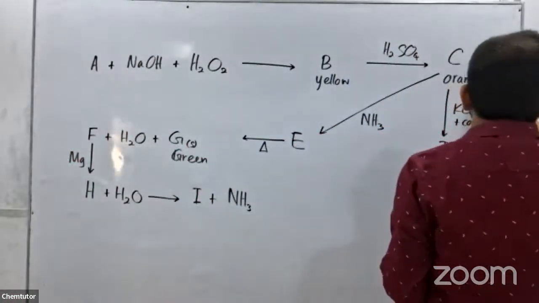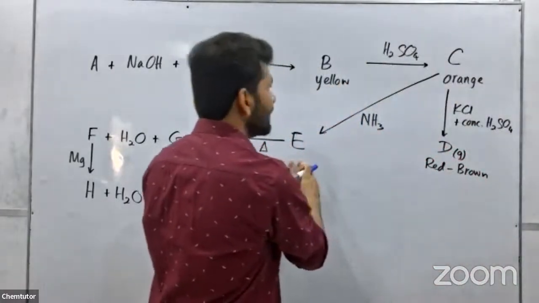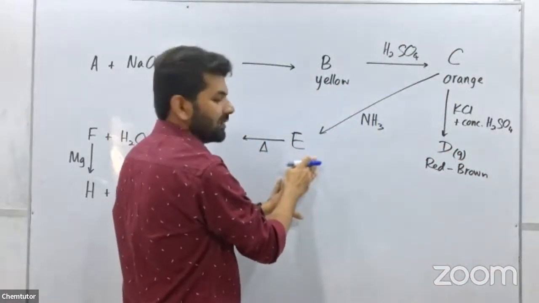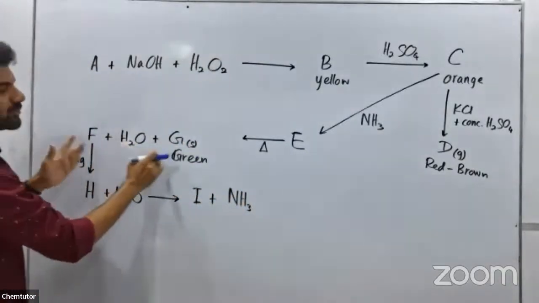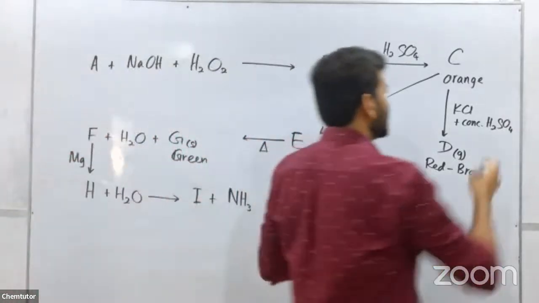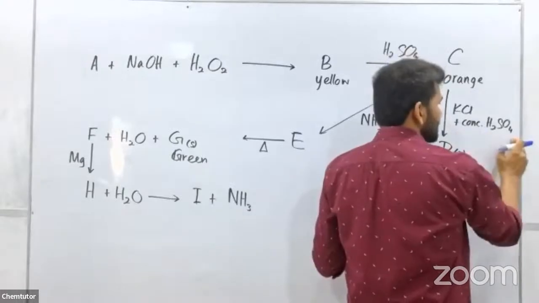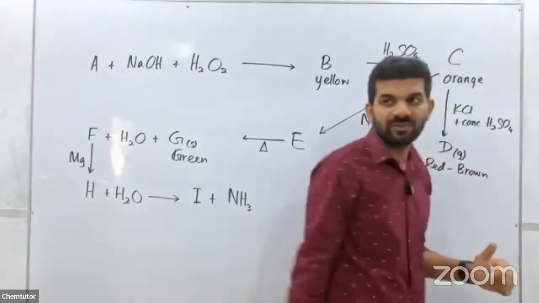Then C with ammonia gives some other compound, E. Then E, once thermally decomposed, gives F, H2O and G, which is a green substance. Then C with KCl and concentrated sulfuric acid gives a red-brown vapor. Those are the information given.